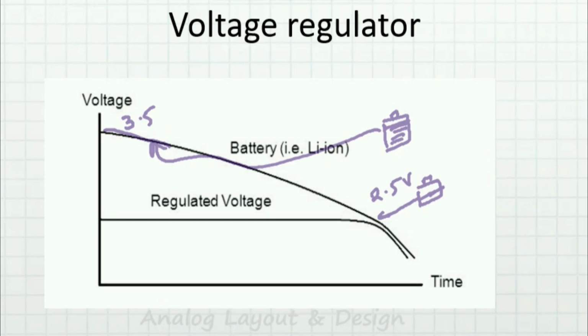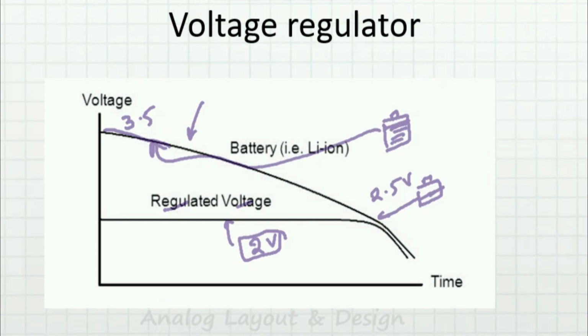But the output voltage is always 2 volts. It will always maintain a constant voltage, 2.5 volt or 2 volt. That is your voltage regulator. Irrespective of the input voltage, it will always maintain a regulated, constant output voltage. Input is 3.5 or 2.5, output is always 2 volts. So this is a voltage regulator.